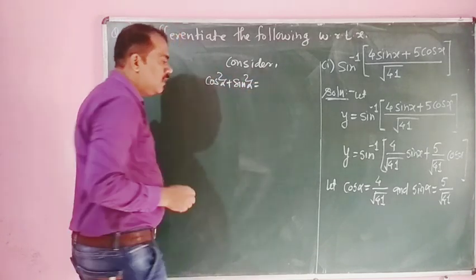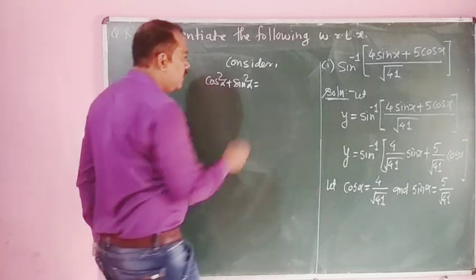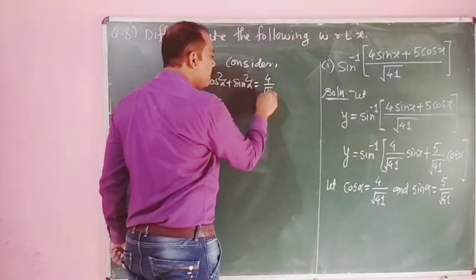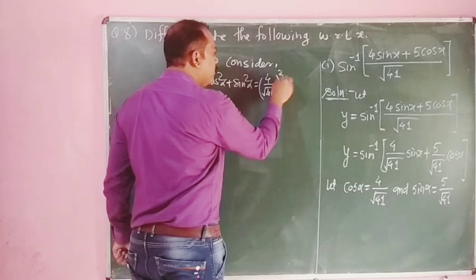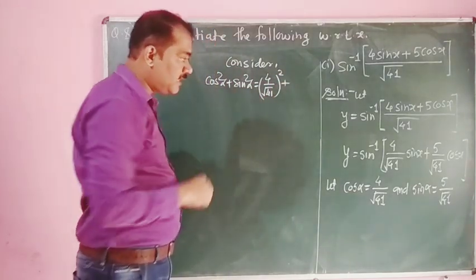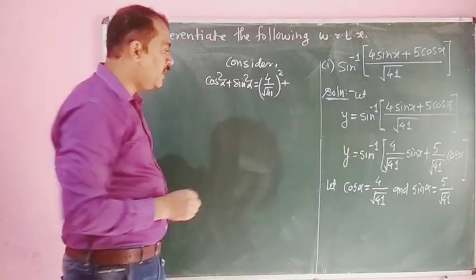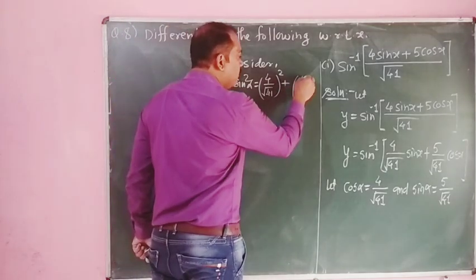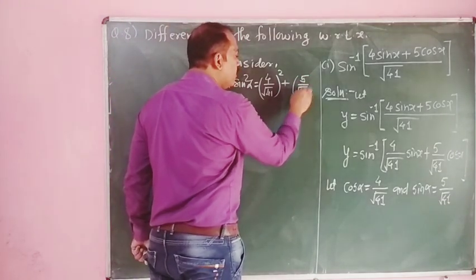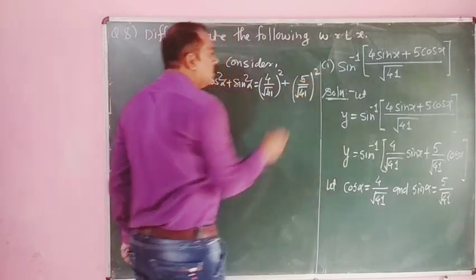What is the cos alpha? 4 divided by root of 41, its square, plus what is the sin alpha? 5 divided by root of 41, bracket square.